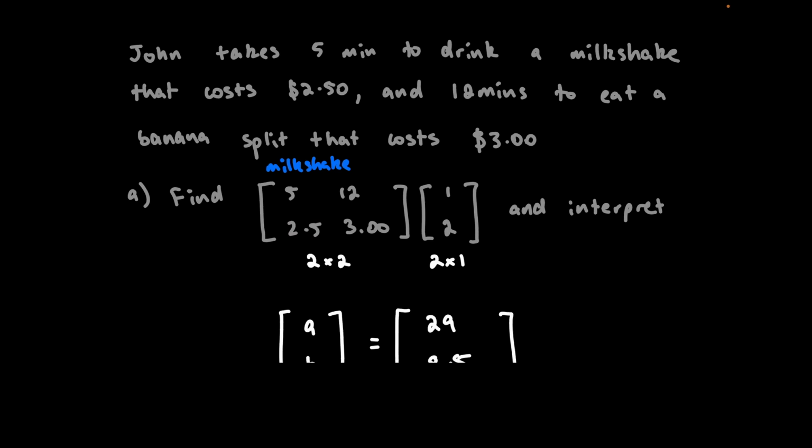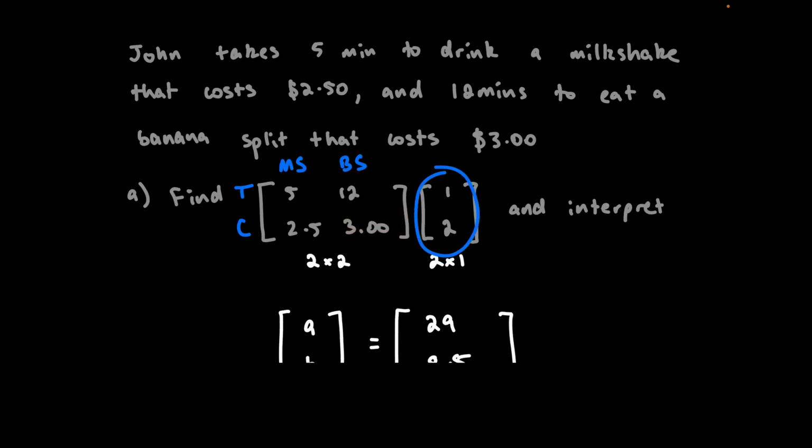So the first row tells you the time, and the second row tells you the cost. And just to make more space, this is milkshake. And the second column talks about the banana split: the time it takes to eat one banana split, and the cost of one banana split.